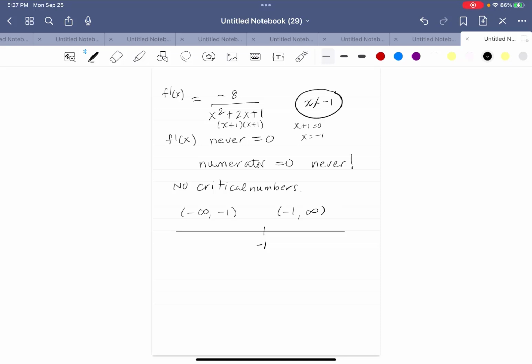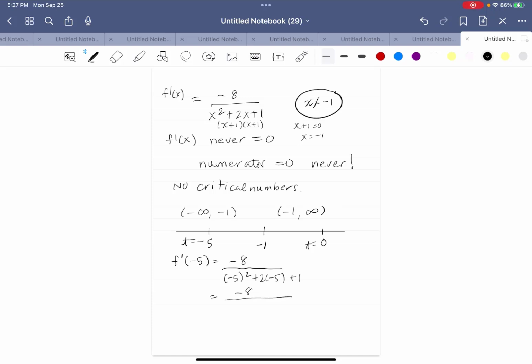So we go to our derivative and we put in, let's say, a -5 and a 0. So my test points are -5 and 0. I'm going to put in -5, and that's going to give me -8 divided by -5 squared plus 2 times -5 plus 1.